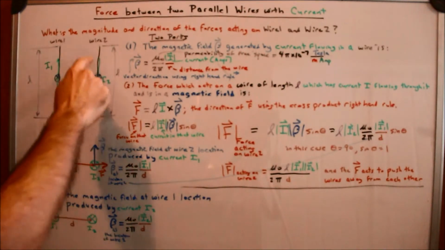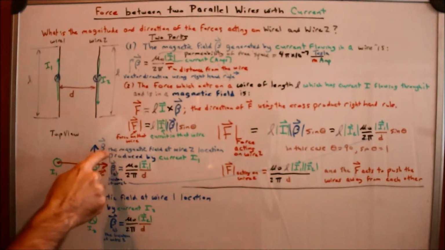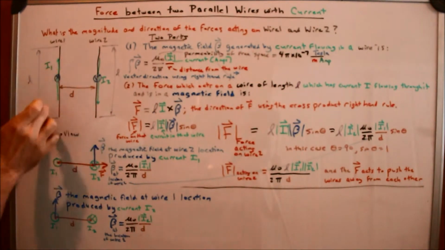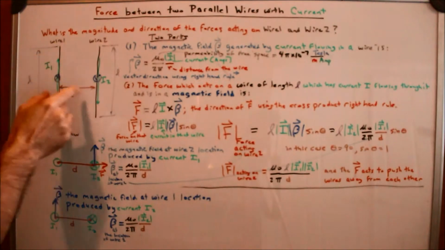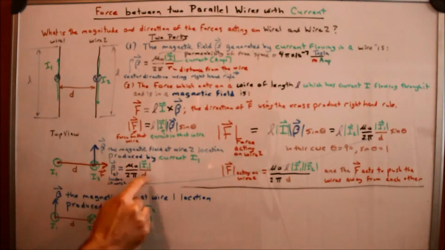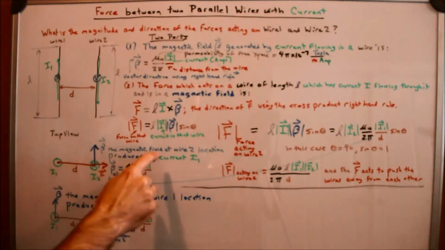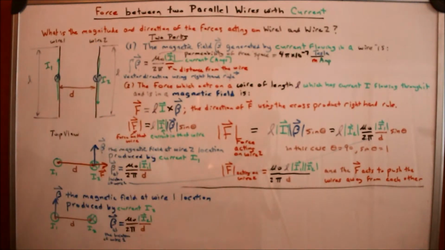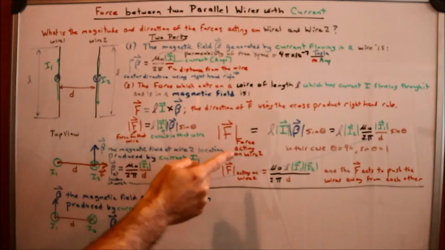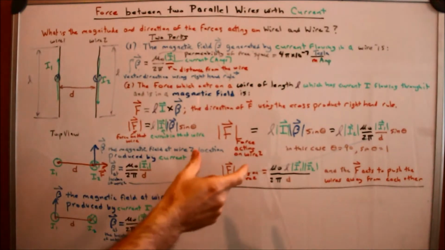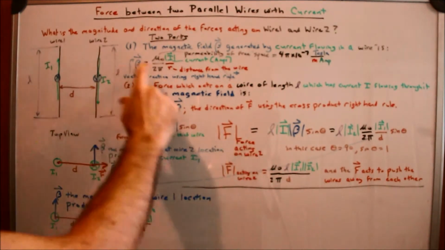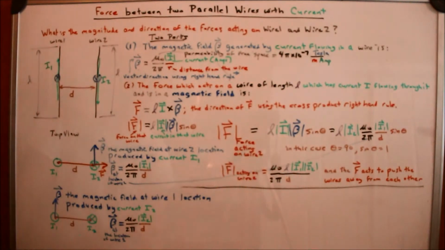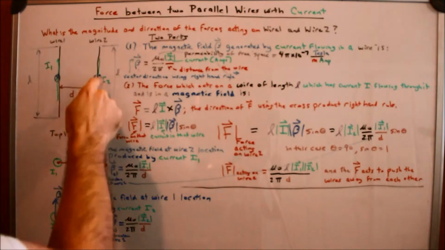So we just think about wire 2 for right now. We've already determined that there is a magnetic field in that location generated by wire number 1, and this is the magnitude of that magnetic field. So we know the magnetic field, we know the current that's flowing through it, we know the length of the wire, so we know everything to determine what that force in that wire is. So determining the magnitude, we can do that. The length of the wire, and this is the current now that's acting in that wire.